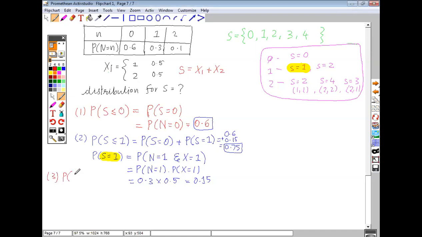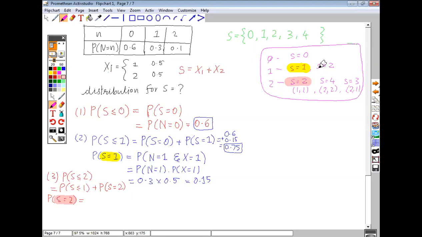Now I have to figure out the next thing, which is the probability that I will observe my S less than or equal to 2. Again, that would just be probability of S less than or equal to 1 plus the probability that my S is equal to 2. So what you have to figure out is just this probability. How do you guys think this would look like?